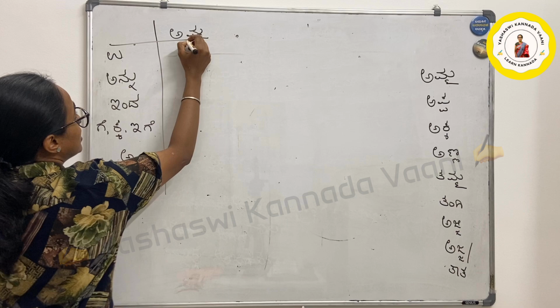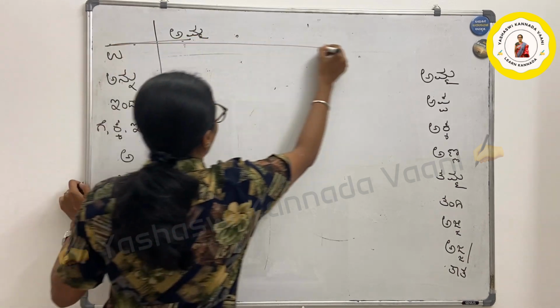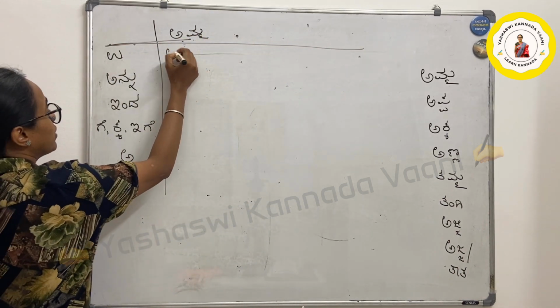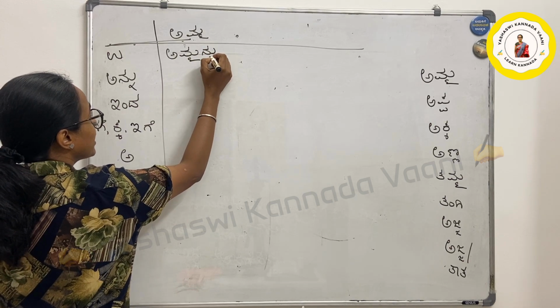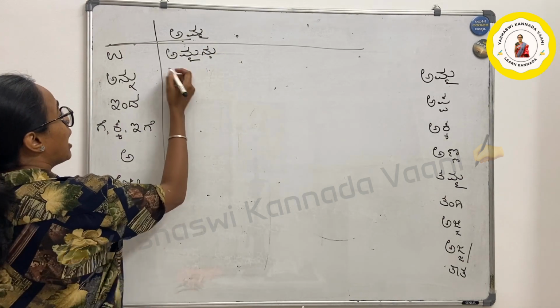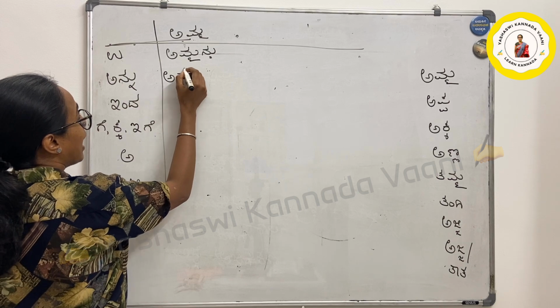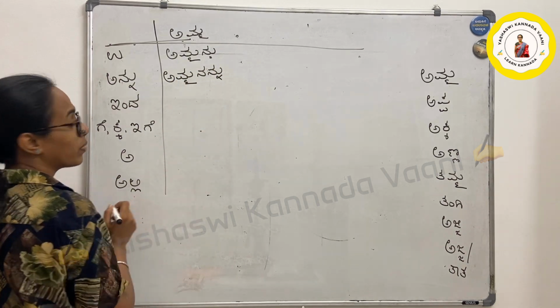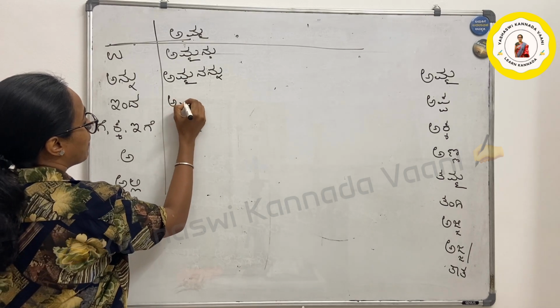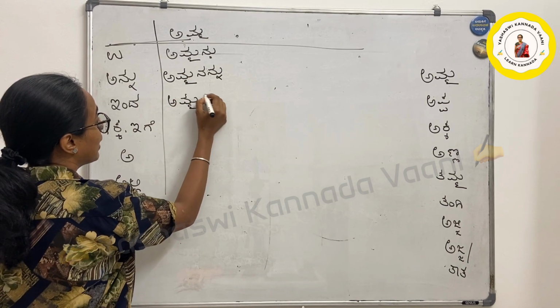So for the word amma, if I add u, it will become ammanu. Which is the incoming letter? Na. Amma plus annu becomes ammanannu. Then amma plus inda, ammaninda.